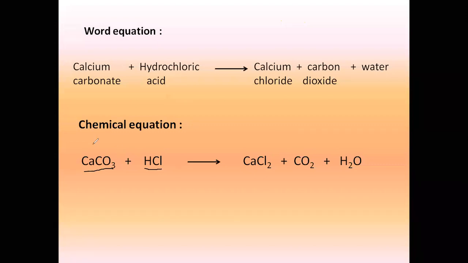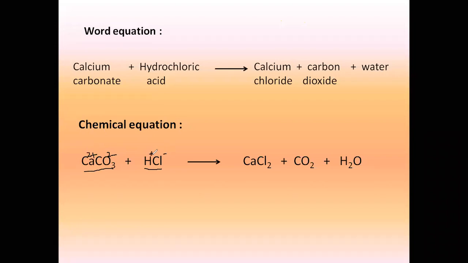First we have something positive, like calcium, a positively charged ion, that is a cation. Carbonate is a negatively charged ion, which is an anion. Calcium is Ca2+ and carbonate is CO3 2-. In HCl also, H is plus and Cl is minus.